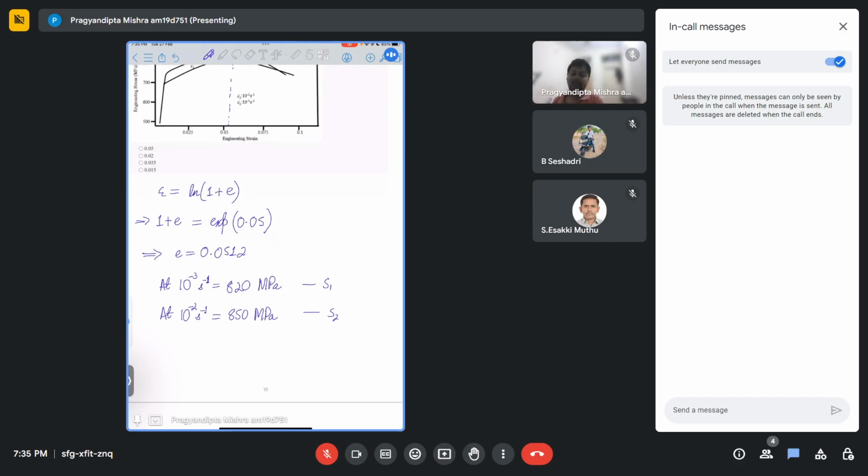So now we need to find the true stresses corresponding to these two engineering stress values.